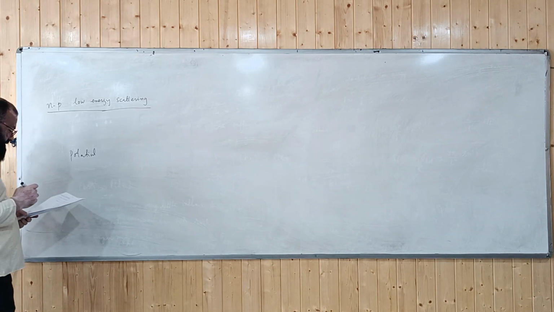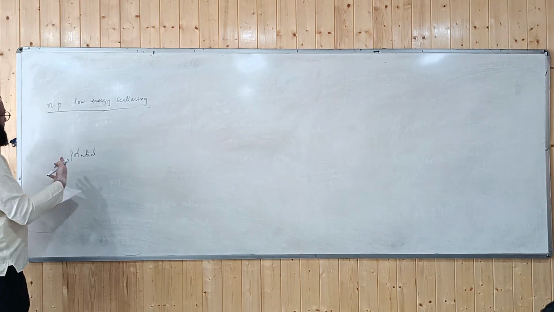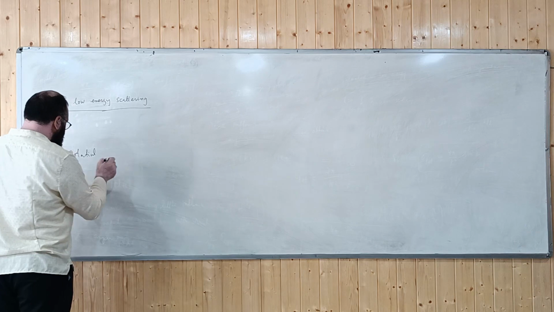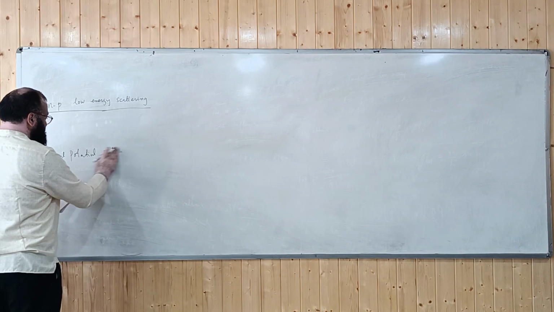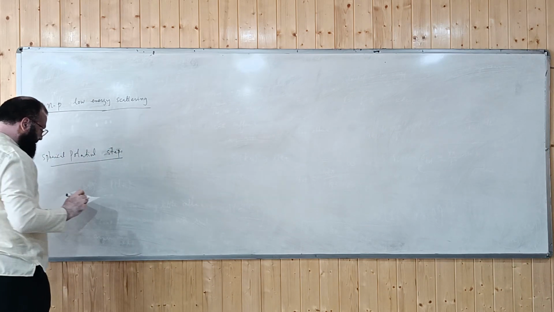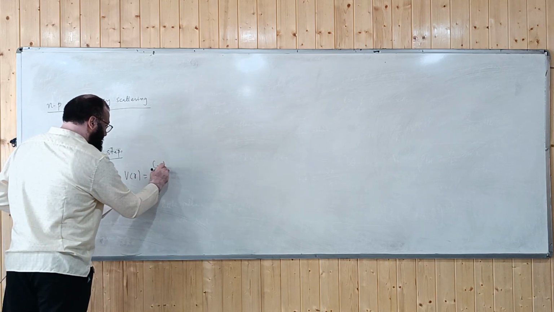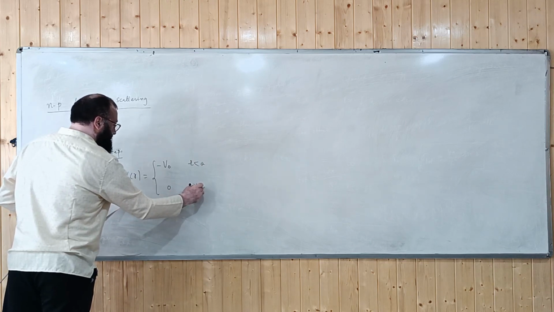Let's assume the potential through which this neutron and proton are interacting is a spherical potential well. It is in 3 dimensions. V of R is an attractive potential step for R less than A, and it's 0 for R greater than A.